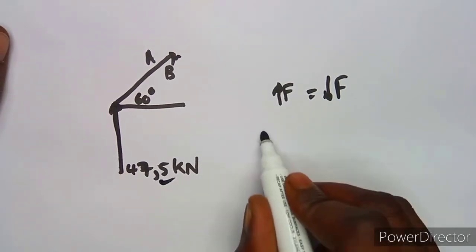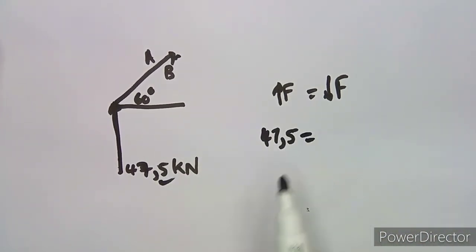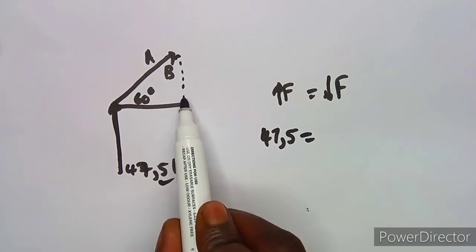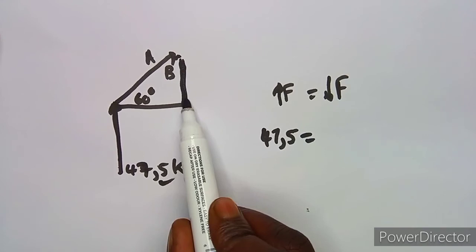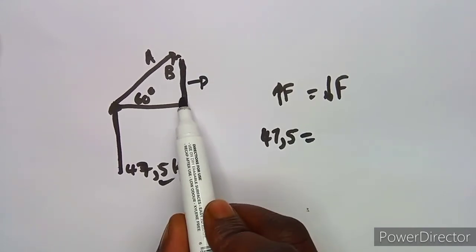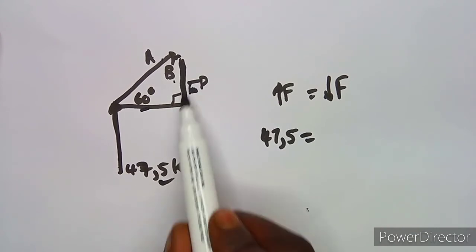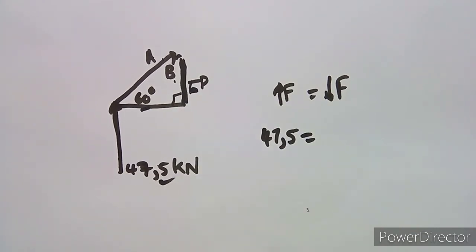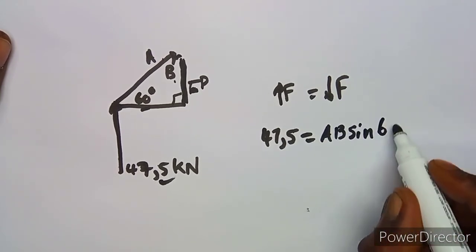So we've got 47,5 is equal to, for this one to be a vertical, because when you're talking about up, you're talking about a vertical. So this is what you want to calculate here, this side. So it's going to be AB sine, because it's a vertical. Anything in the vertical, guys, know that it's sine. So it's going to be AB sine 60 degrees.